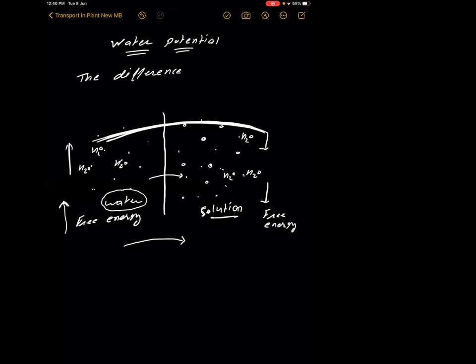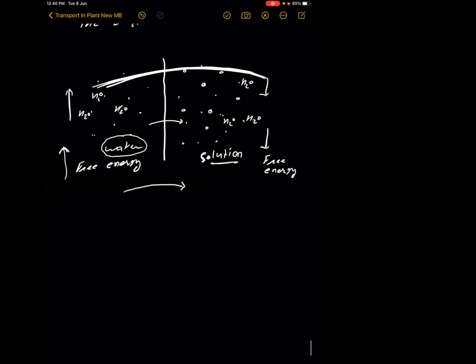Okay. So generally water moves from the region of high water potential. One more thing. Here the water potential is higher, where free energy is high. So water moves from high water potential to low water potential. Here this water potential, WP, does not mean wall pressure.